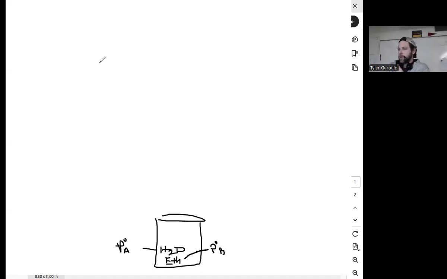And so if I look at a solution that compare it to just a solution that would be 100% water, if it's 100% water, then the mark I would make on this y-axis would be just the pure vapor pressure of water. And on the other side, if I look at a pure solution of just ethanol, I say it's 100% ethanol, and I put a mark on the graph and say this one is 100% ethanol.